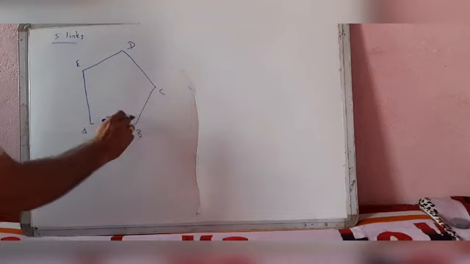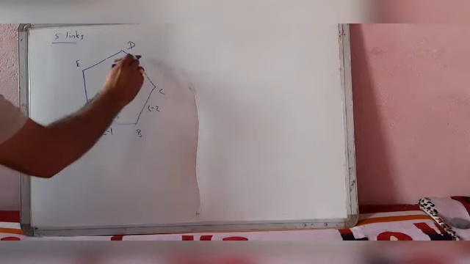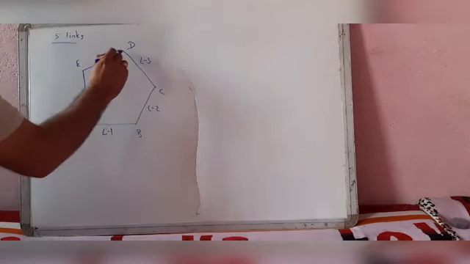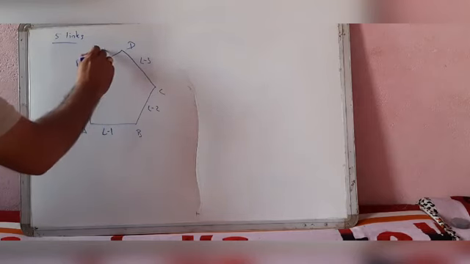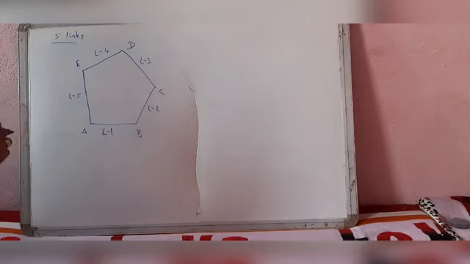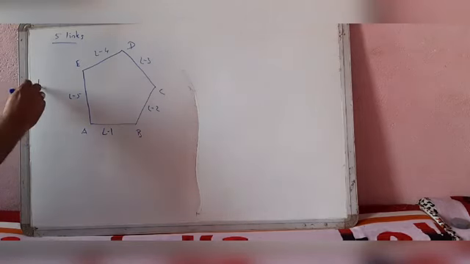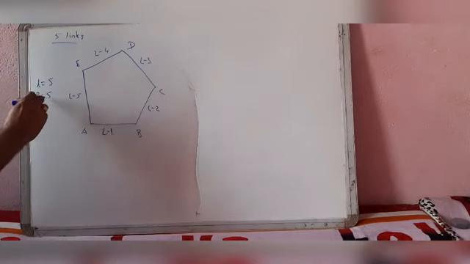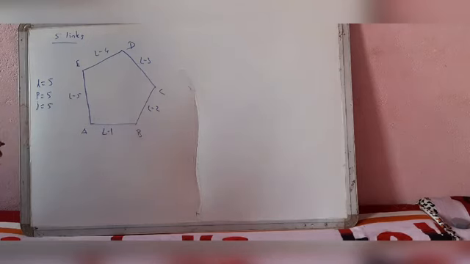This is link 1, link 2, link 3, link 4 and link 5. So here the number of links equals 5, the number of pairs equals 5, and the number of joints is also equal to 5.